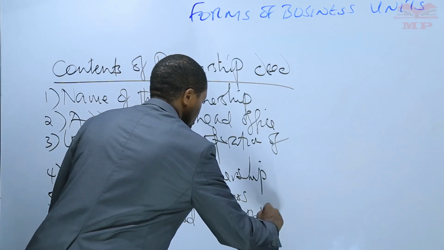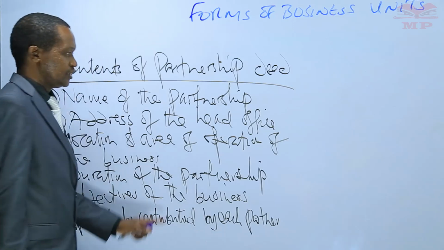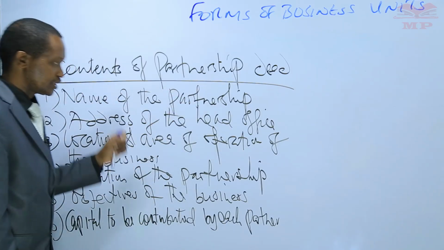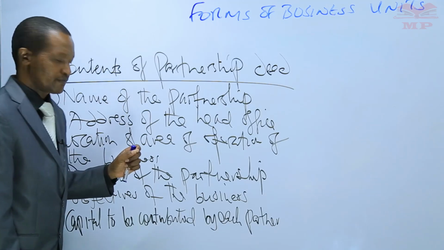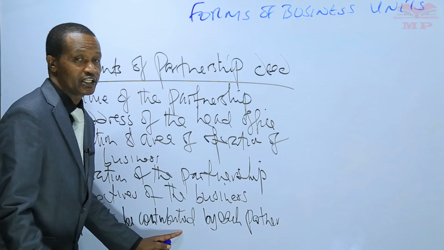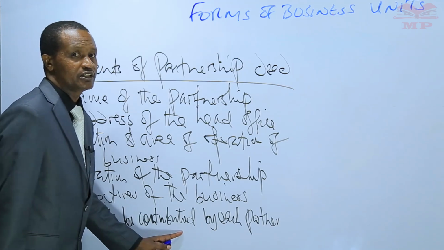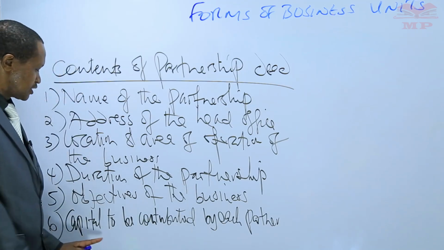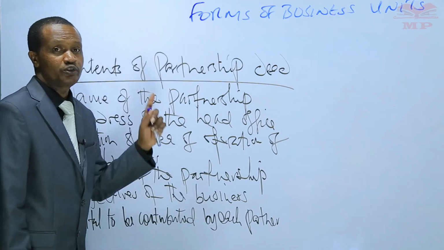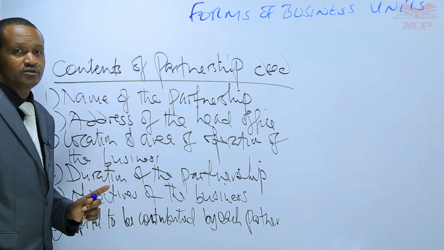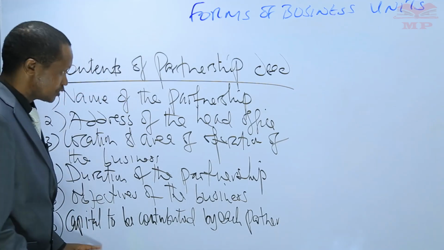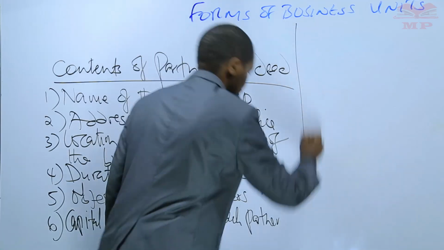It is important to indicate within the partnership deed how much each partner is expected to contribute, because capital forms a very important element in the success of any business. So it's important to indicate how much each partner is expected to contribute as capital.